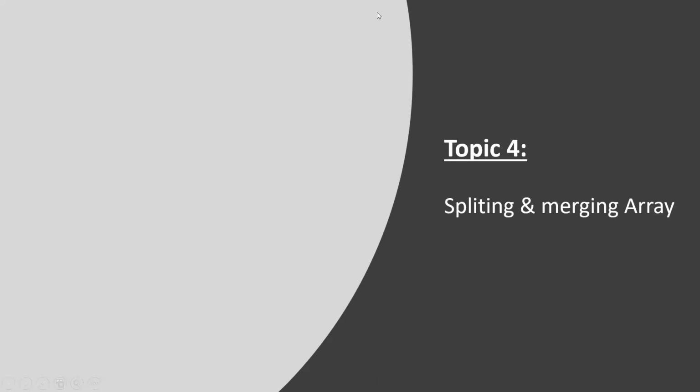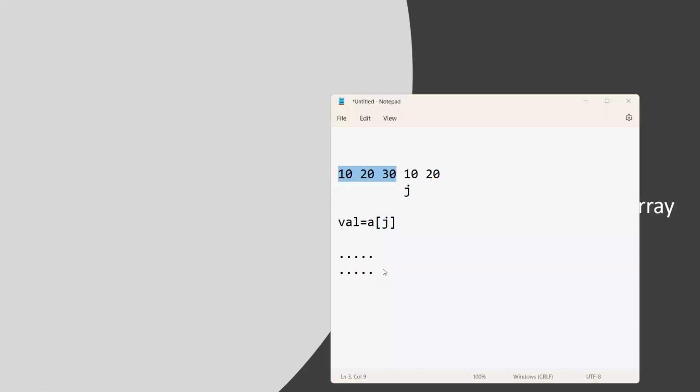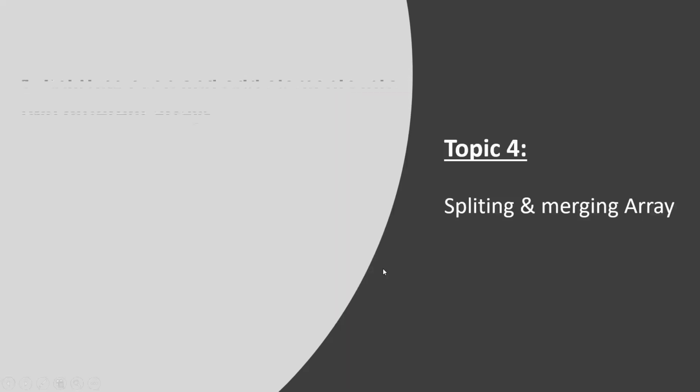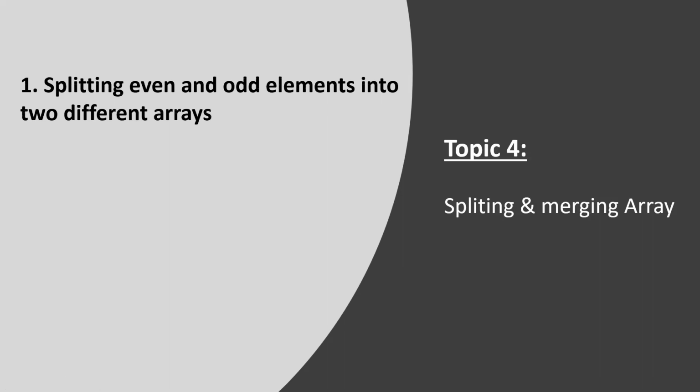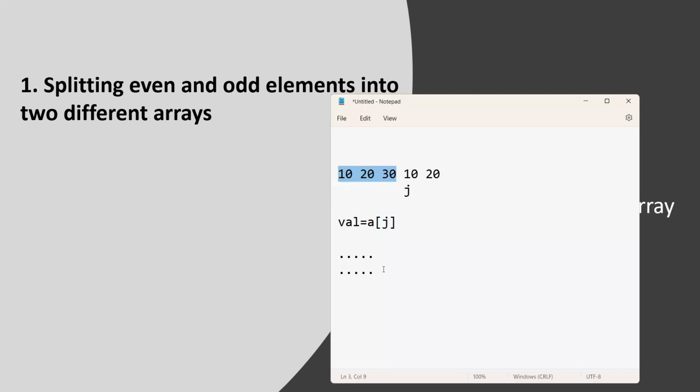Splitting is something like, let me first check the program. It says splitting even and odd elements into two different arrays. You can have some elements in your array like 10, 20, 30, or 10, 21, 31. I'm using these simple values because it should not create any pressure in your mind.